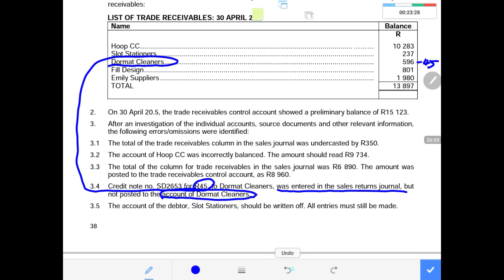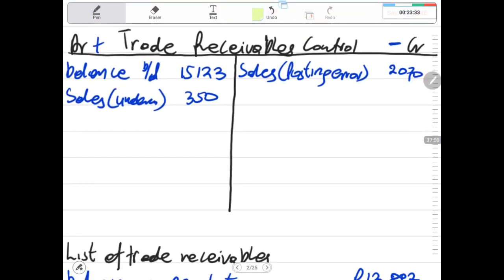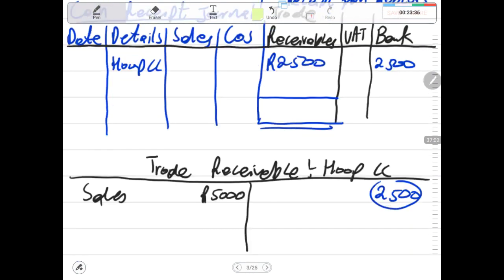As I explained before, if this was the ledger account for Damat Traders, the 45 rand would not have been recorded on the credit side, because in the account of Damat Traders we're supposed to decrease this by 45 rand, and this 45 rand affects the list of debtors negatively. Remember, I'm using ledger account and the list of debtors interchangeably because the ledger account is the same as the list of debtors.